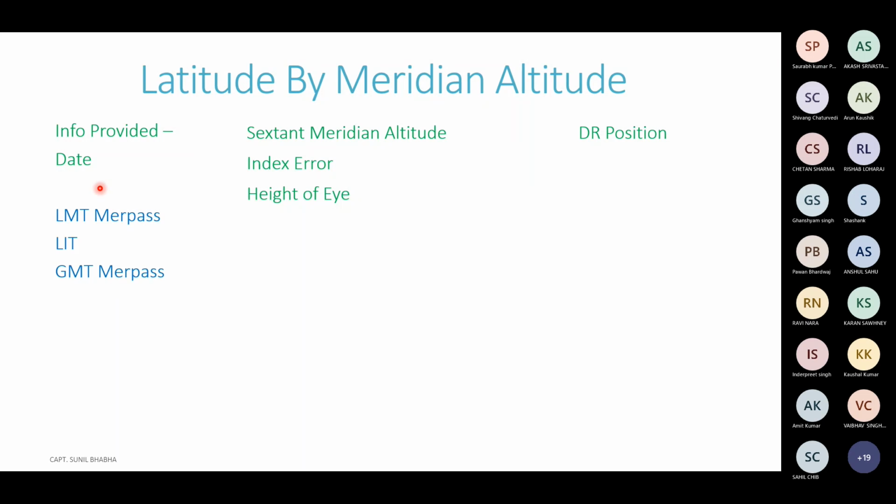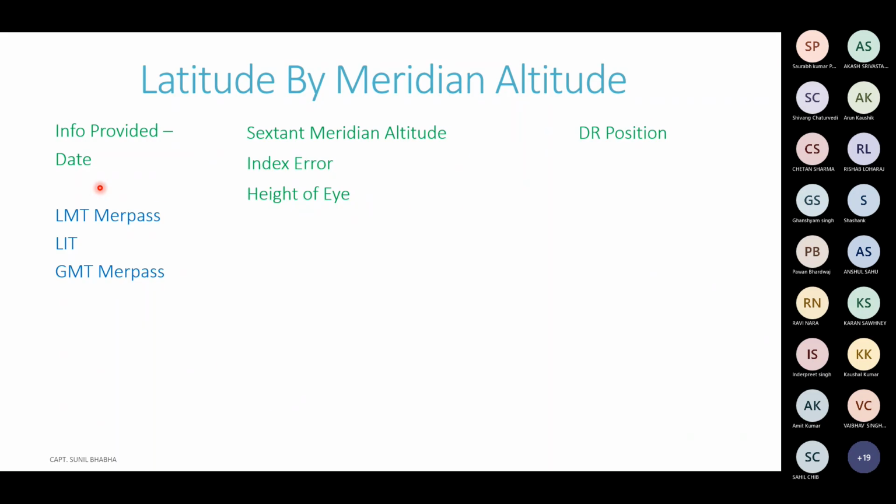In all the other observations which we are going to see, longitude by chronometer, intercept, ex-meridian, Polaris, you will always have the time of observation mentioned to you, exact time of observation, hour, minute and seconds. But in case of meridian altitude or Marpas observation, the time is usually not provided to us.